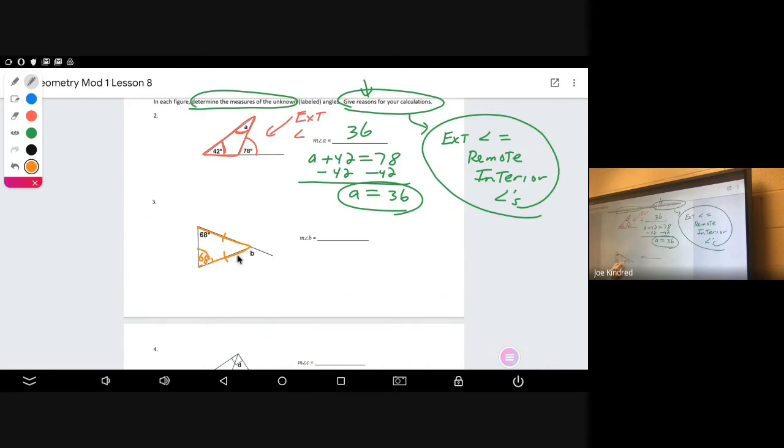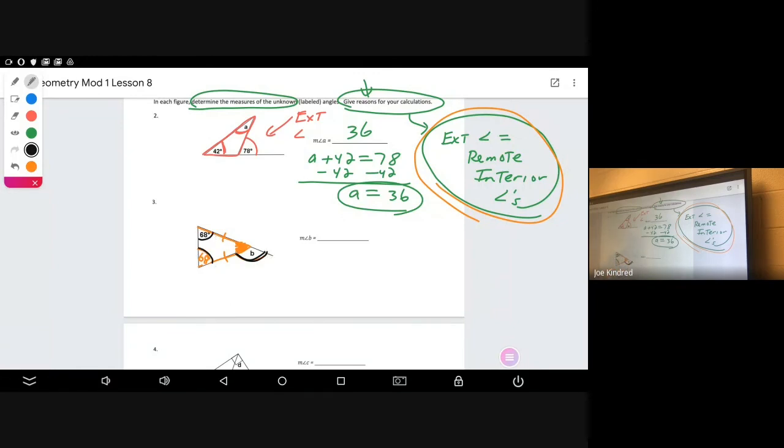Now, in order to find B, I really need to find this angle right here. Oh, wait a minute, I don't need to, because once again, the same reason I can use here. This is an exterior angle. It should be equal to those two.